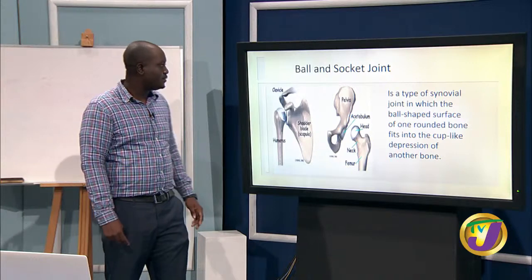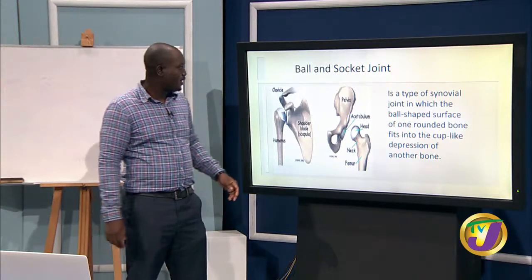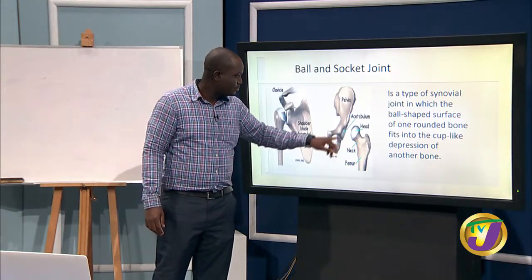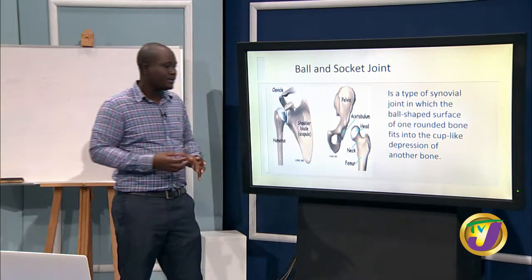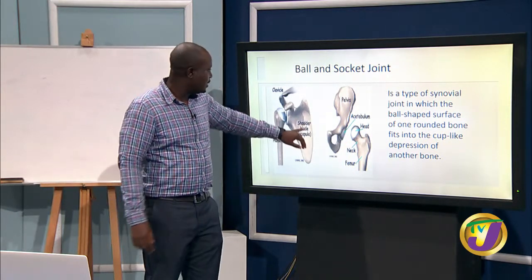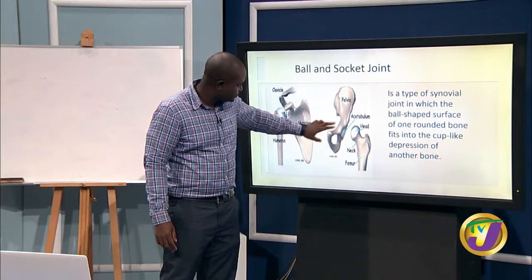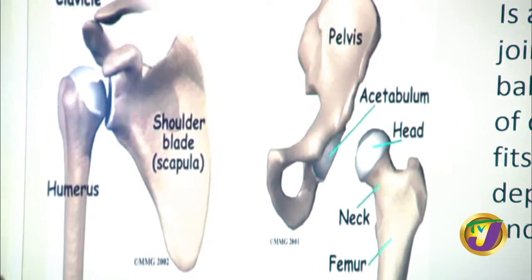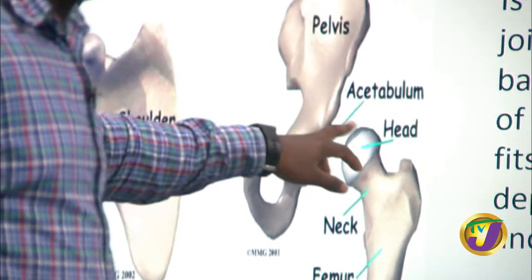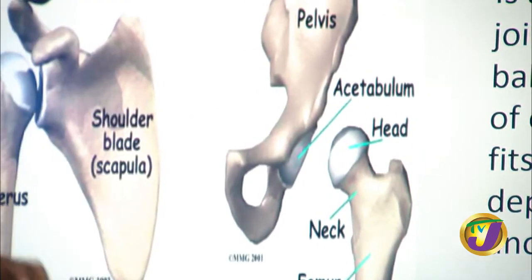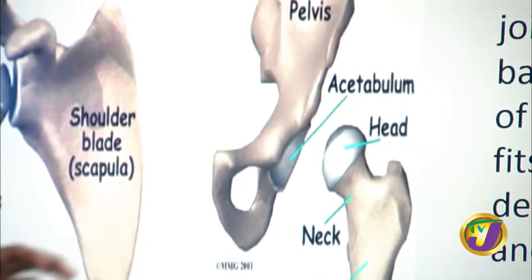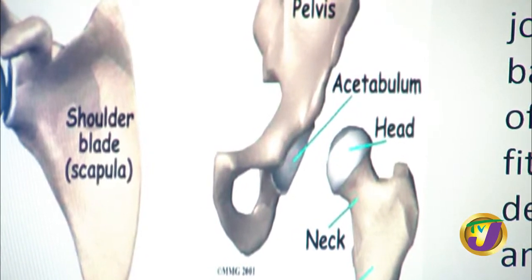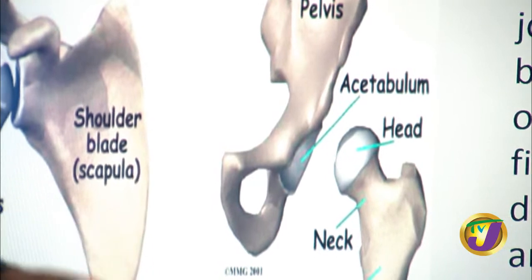So the ball and socket, as the name suggests, the head of one bone fits into the round depression in the other bone, called the acetabulum. So the head fits into it, and you have a wide range of movement, 360 degrees with a ball and socket joint.